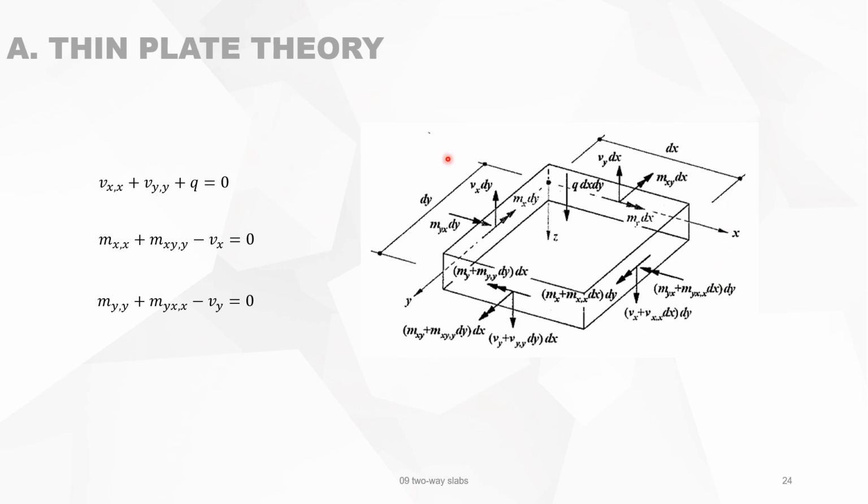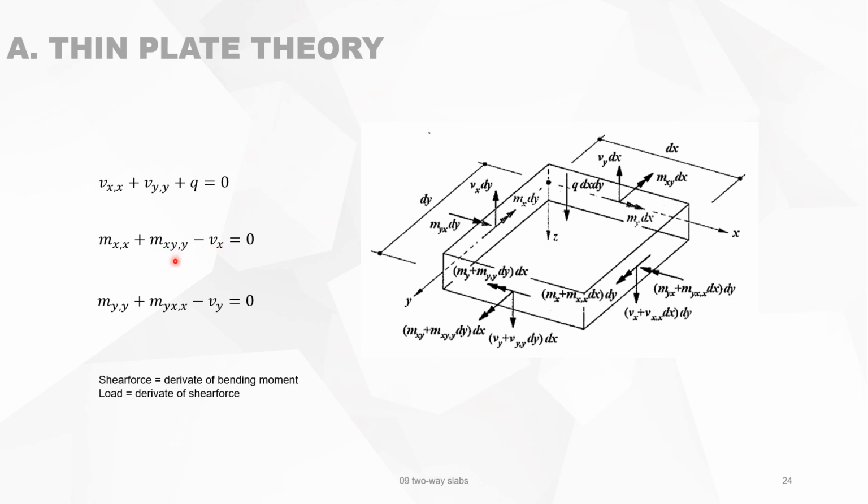You can now, on a very small part of the slab, make some equilibrium equations, and then you arrive at those three equations. Or you can make it yourself a little bit easier, because we know from beam theory that the shear force, Vx, is in fact the first derivative of the bending moment.